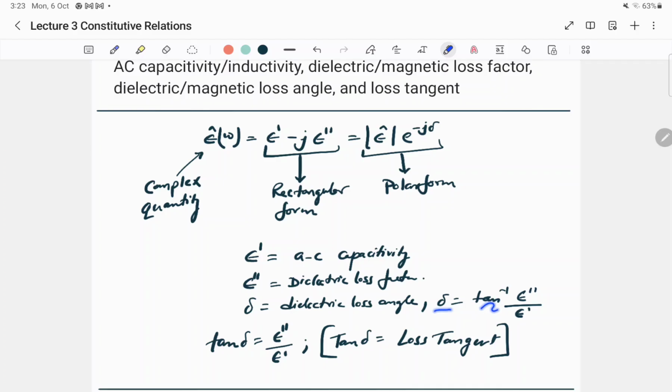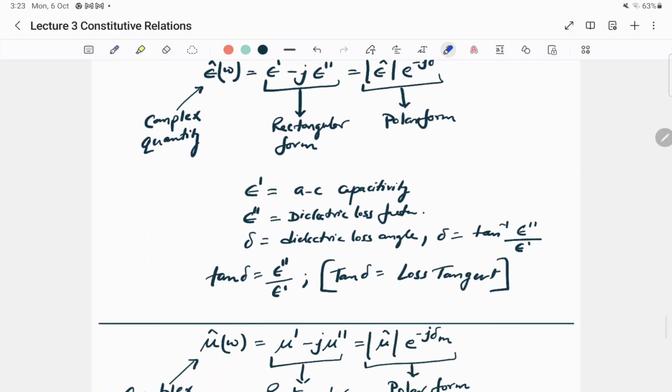Delta is given by tan inverse of imaginary by real, that is tan inverse epsilon double prime divided by epsilon prime. And when we take the tangent of this angle delta, we call it loss tangent.